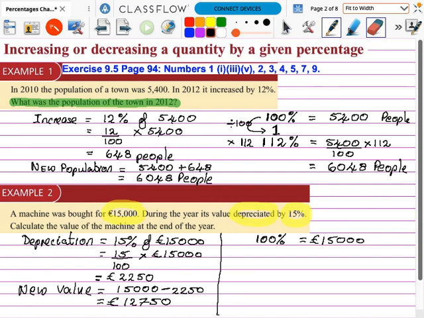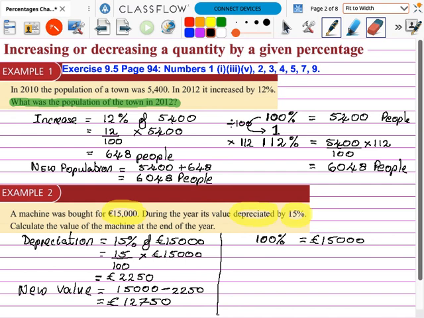Now, it's being depreciated by 15%. So is the 100 going up or is it going down? Think. I hope you said it was going down. How much is the 100% going down by?